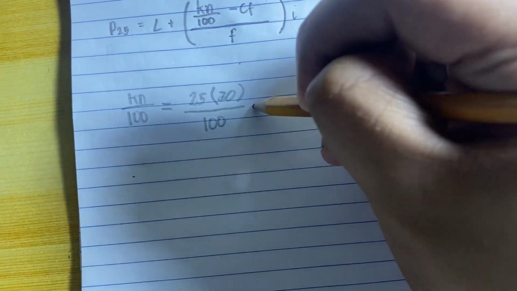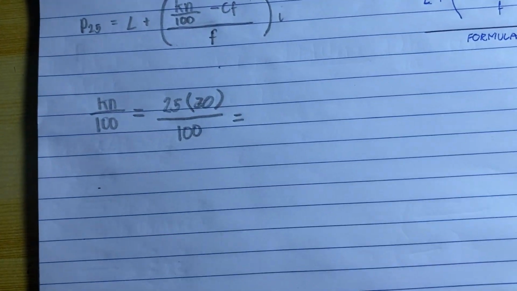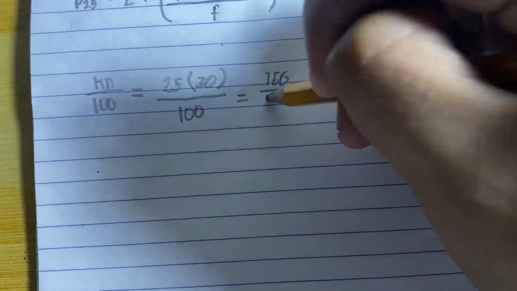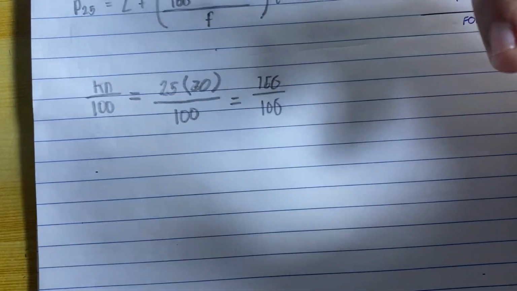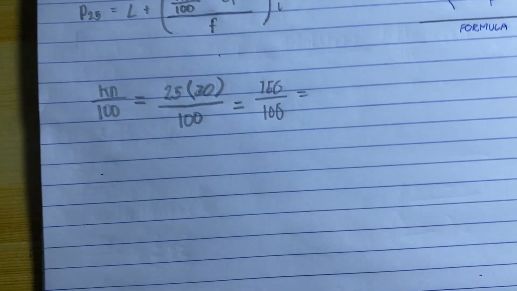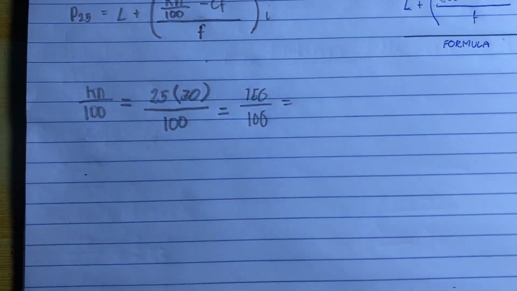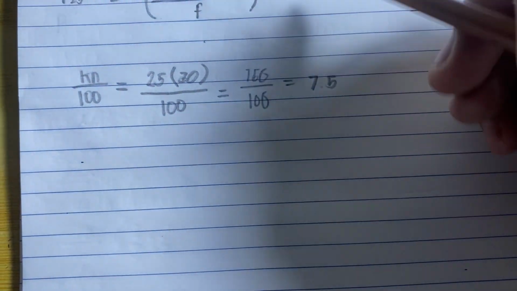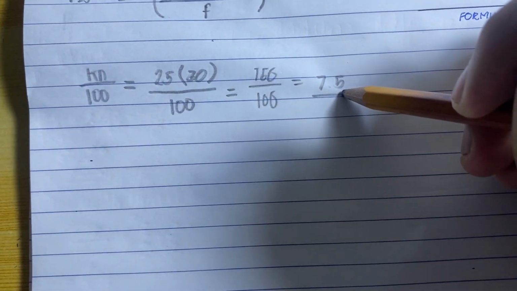So, 25 times 30 is equals to 750 divided by 100. Pwede nyo i-calculator yan, pero ang mismong sagot talaga nyan is 7.5.